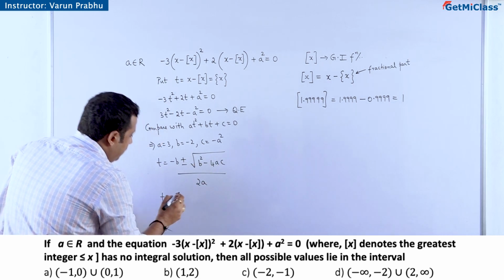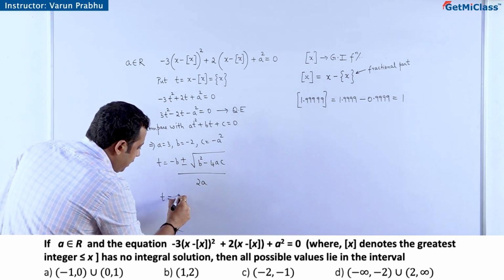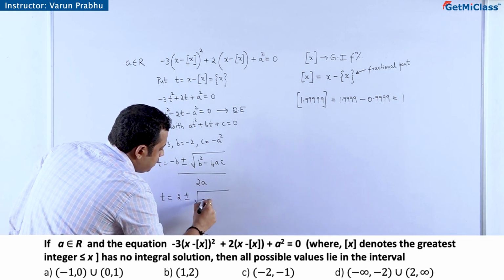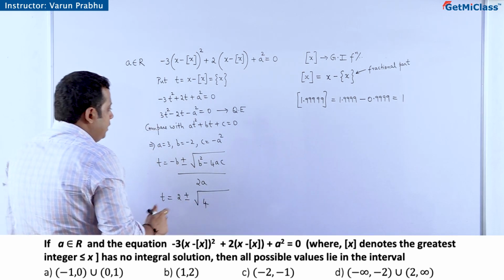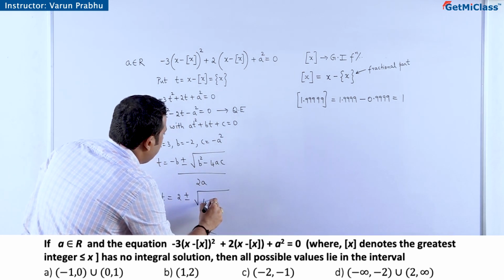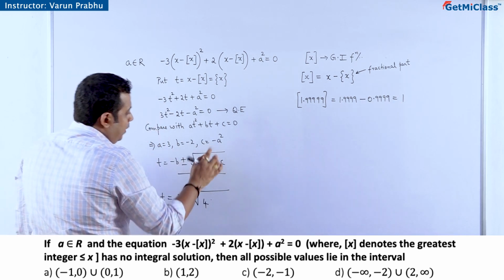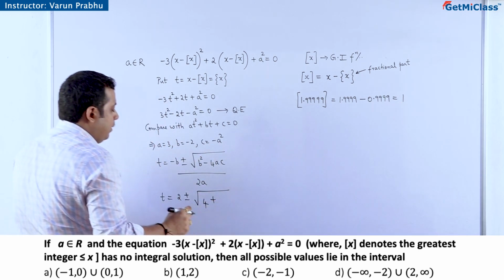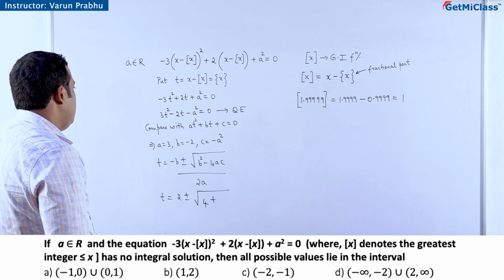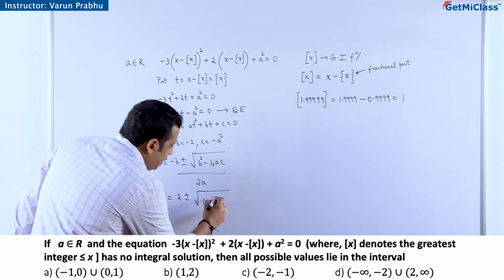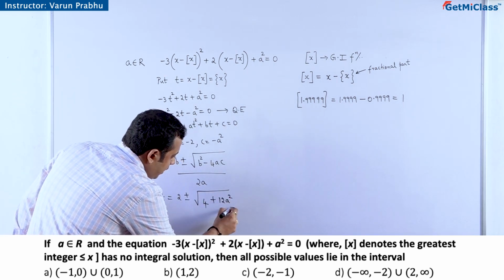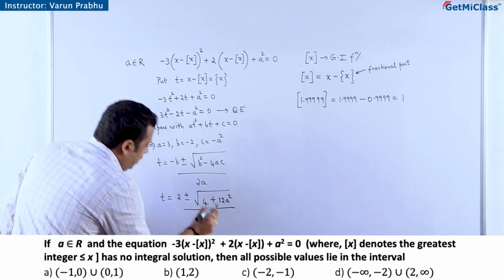So t is equal to minus of minus 2 plus or minus square root of 4 plus 12a square, divided by 2 into 3, 6.